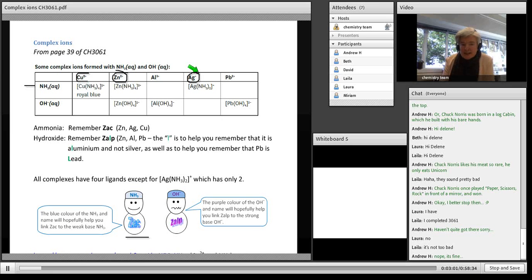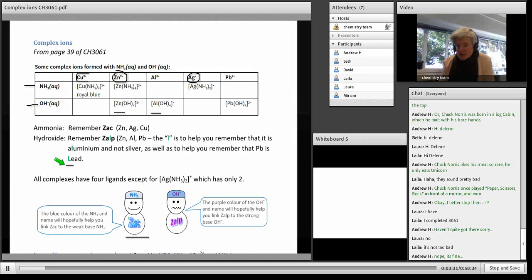And then the ZELP, because we've got 2 things starting with A, as you might have seen, silver and aluminium both start with A. So there's again another 3 for hydroxide, and that's again the zinc, but in this case it's aluminium. So the L in the ZELP is to make you remember aluminium, and if you forget that the P stands for lead, at least hopefully the L will make you remember the lead.